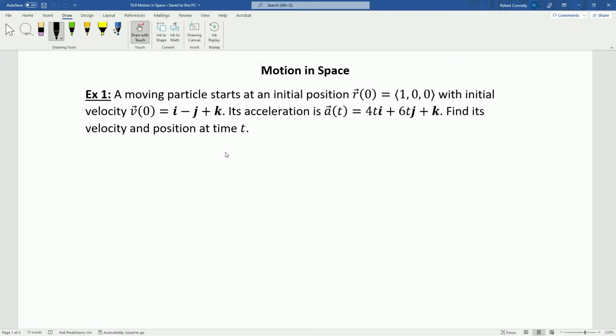So the same old laws of motion and their relationships apply once we put things into the vector realm. If we want to know what the velocity of something is, we need to integrate the acceleration function.